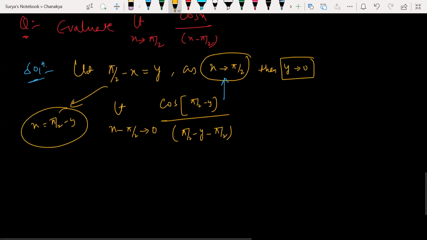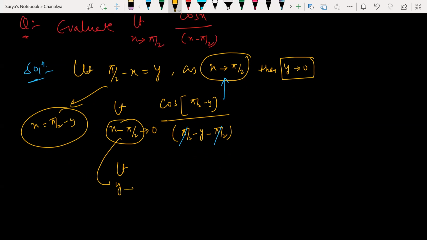Then pi by 2 gets cancelled. So what is the value of this? It is y. This is nothing but y tending towards 0.